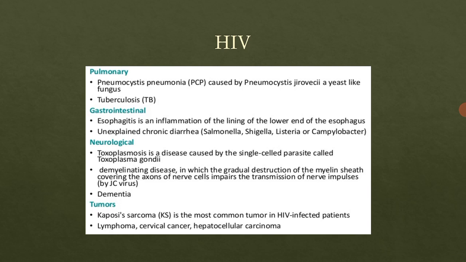And in tumors, Kaposi's sarcoma, as I mentioned earlier, is a very important characteristic for determining HIV infection or AIDS or ARC. Kaposi's sarcoma, KS, is the most common tumor in HIV infected patients. Then lymphoma, cervical cancer, hepatocellular carcinoma, related to the cervical cells and the lymph node.